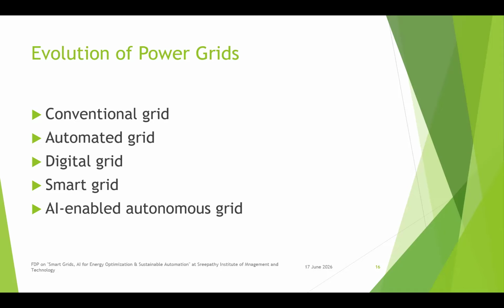The next stage after the automated grid system is the digital grid. It incorporates digital communication networks, advanced sensors and data management systems. So real-time information is first collected, transmitted, analyzed, and can be monitored in the digital grid system.